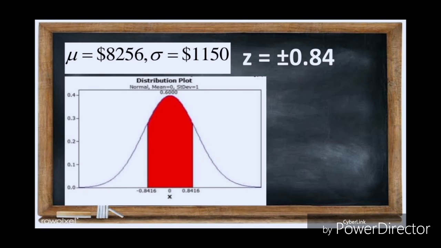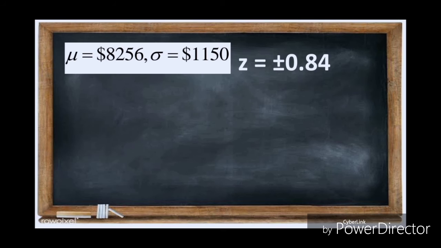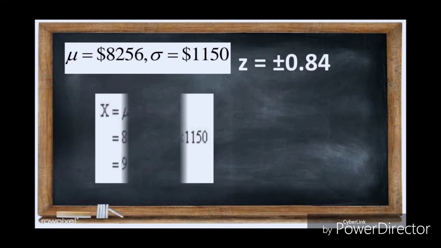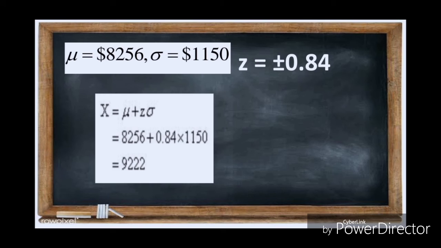For finding the maximum price, we use the formula x is equal to the mean plus the z-value multiplied by the standard deviation, which is equal to $8,256 plus 0.84 multiplied by 1,150, which is equal to $9,222.